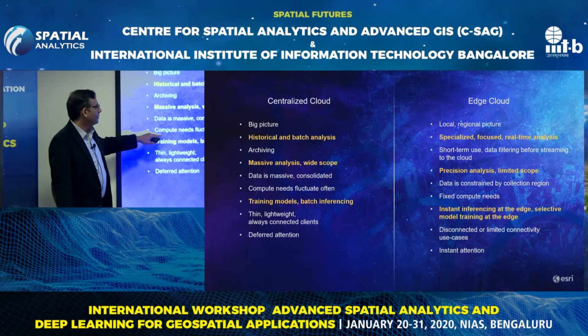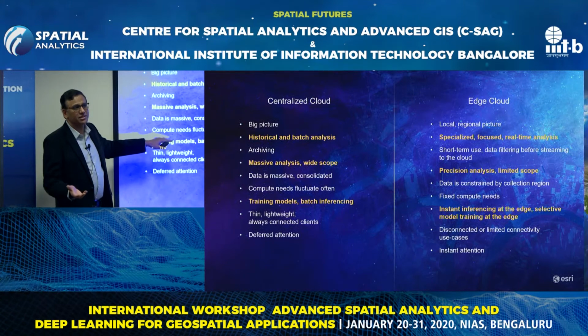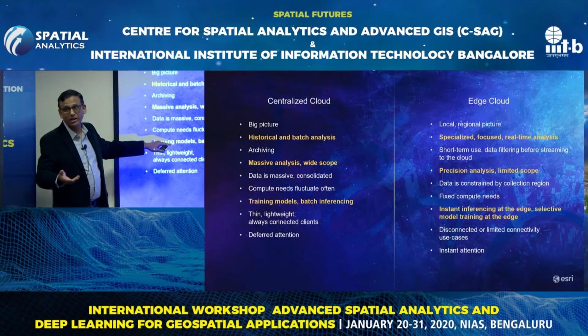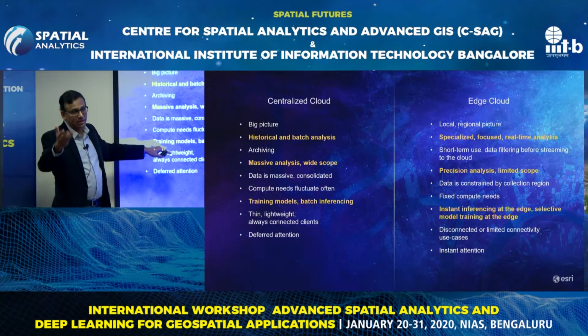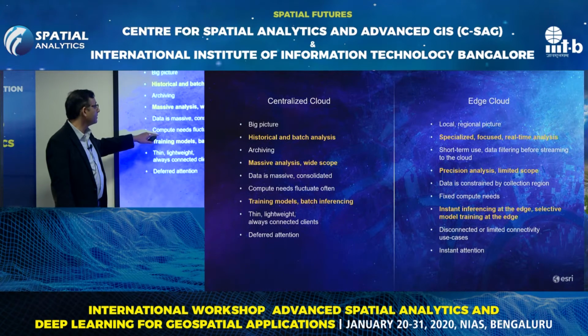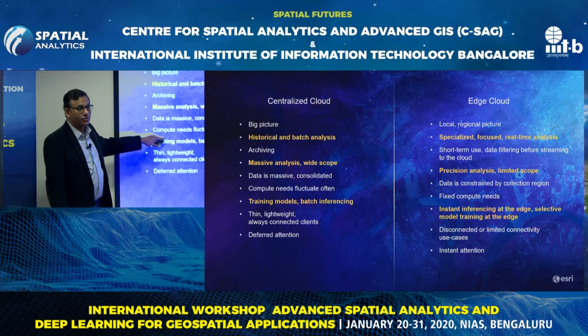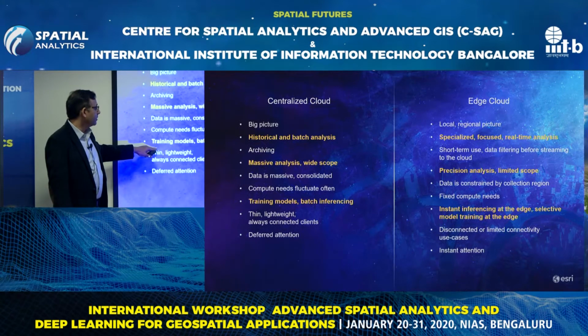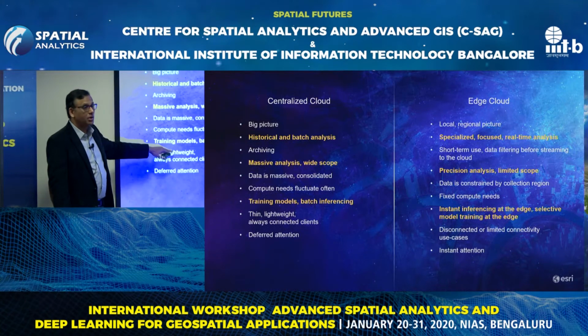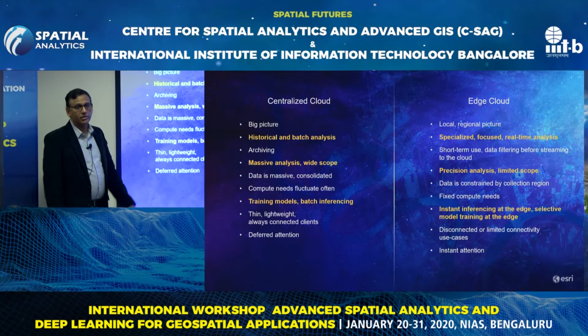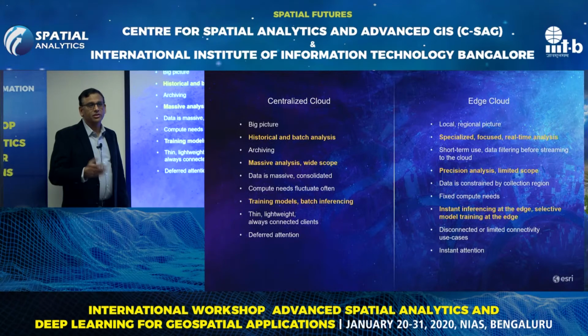And then you have cases like, okay, your edge is usually fixed computing needs, at least in the immediate future. Probably a little bit into a distant future, it might get flexible, but right now it's not. So if your needs fluctuate, the cloud makes a lot of sense. And then, of course, there are things like if you want to train models and do batch inferencing. When you train models, it's not ad hoc.